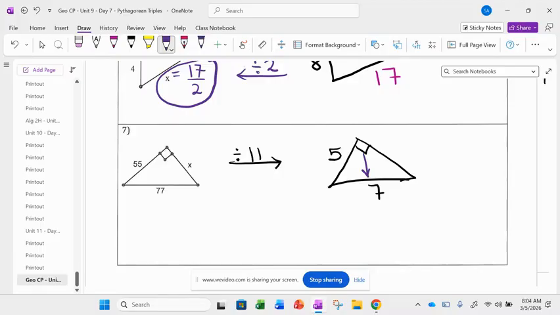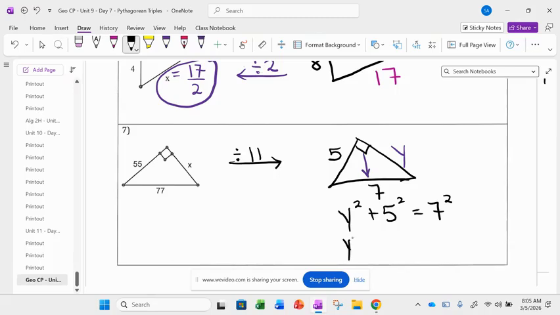Do the Pythagorean theorem. Now I can't call this missing side x. I'm going to call it y, because I've already used x and this is not the same as x. So for my Pythagorean theorem, I get y squared plus 5 squared equals 7 squared. Everybody okay with how I set that up?